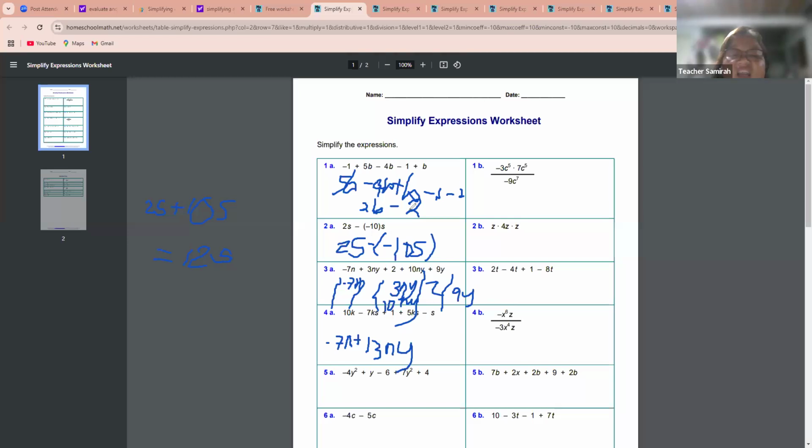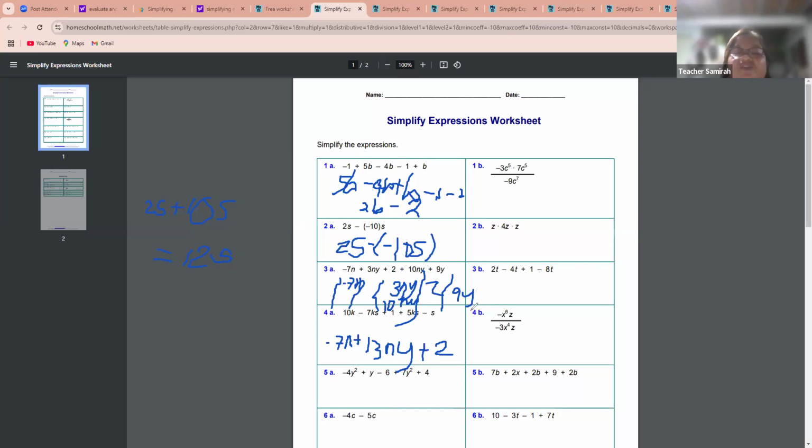And then 2. Can you see any other constant here without any variable beside it? Only 2, right? So it is positive 2. And then 9y.